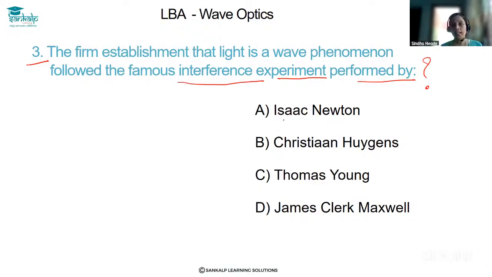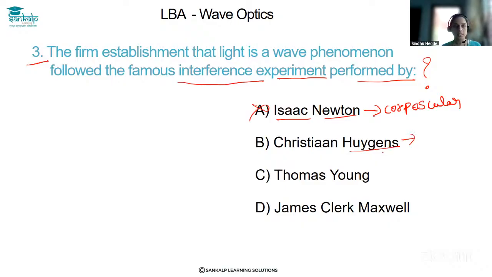See here, option A tells Isaac Newton. Newton made experiments related to the corpuscular theory. So Isaac Newton is the wrong answer. Option B, Christian Huygens.